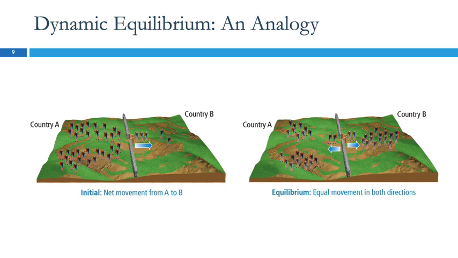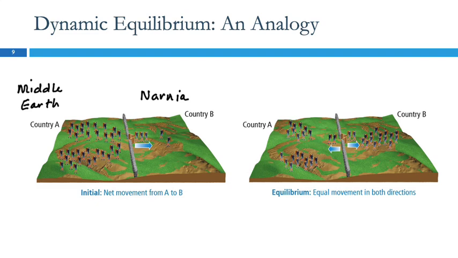So another analogy is, I guess you'd call this immigration. In an earlier edition of the book, instead of country A and B, which is kind of boring, this was Middle Earth, and this was Narnia. Isn't that more fun?